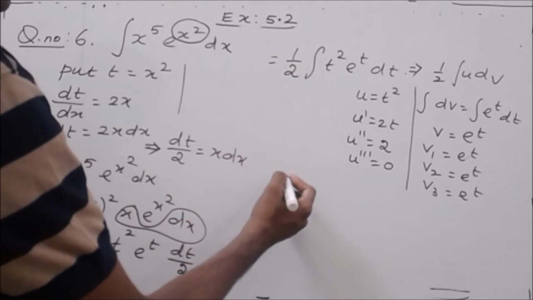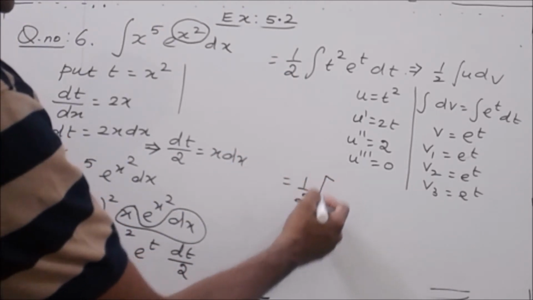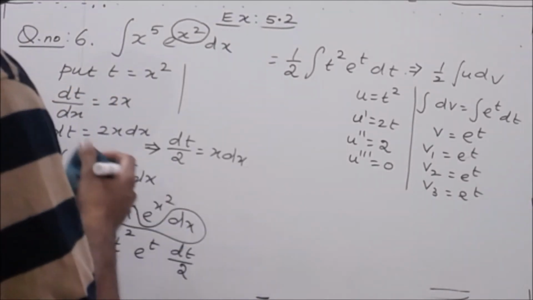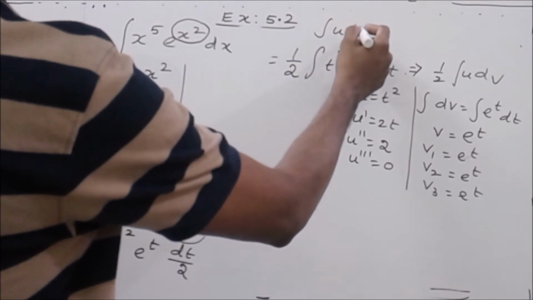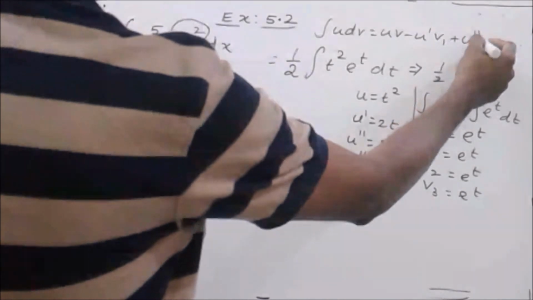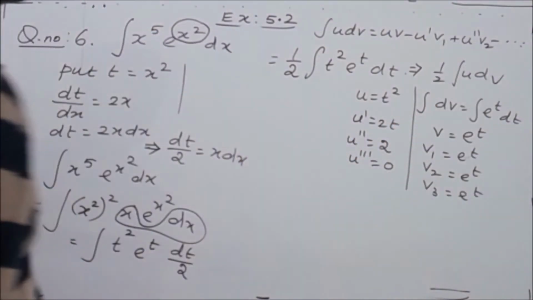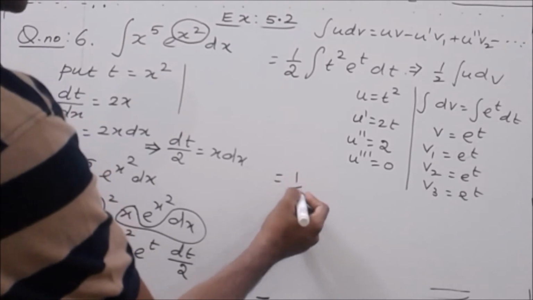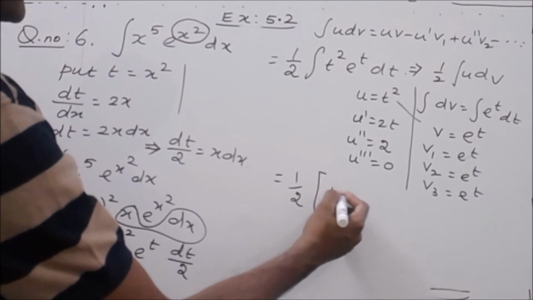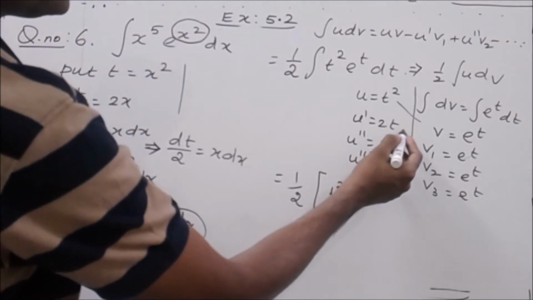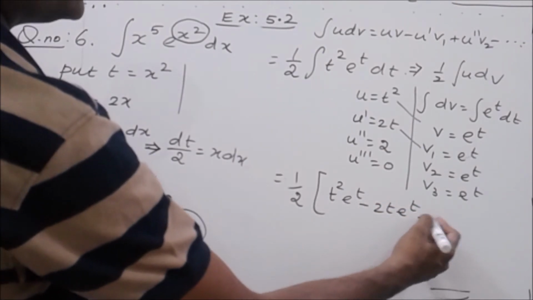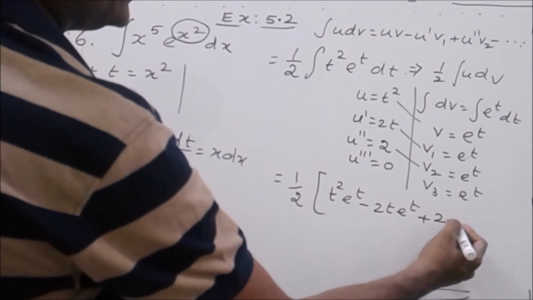So we are moving here for the final answer, 1 by 2, by the Bernoulli formula. Write the formula here. Integral u dv equal to uv minus u dash v1 plus u double dash v2 minus etcetera. So equal to 1 by 2 into uv, t square e power t, minus u dash v1, 2t e power t, plus u double dash v2, 2 e power t.